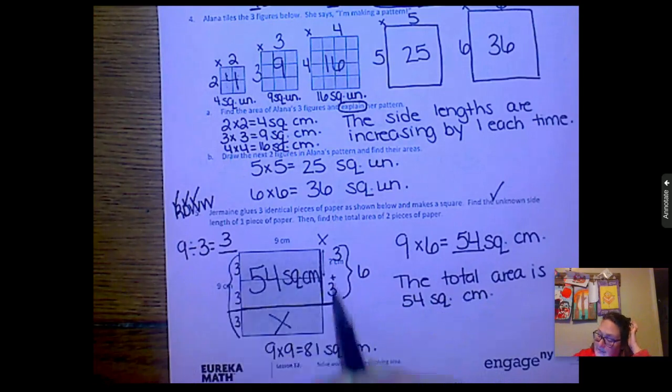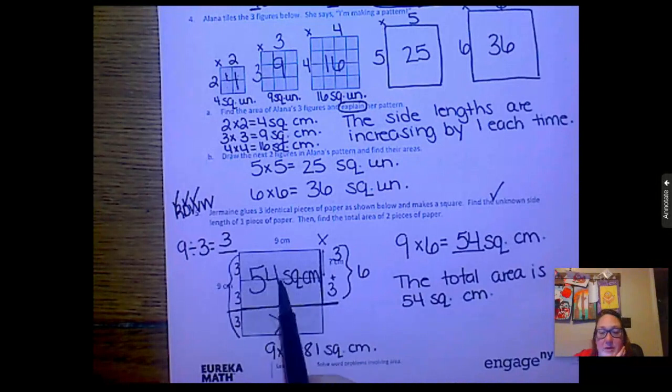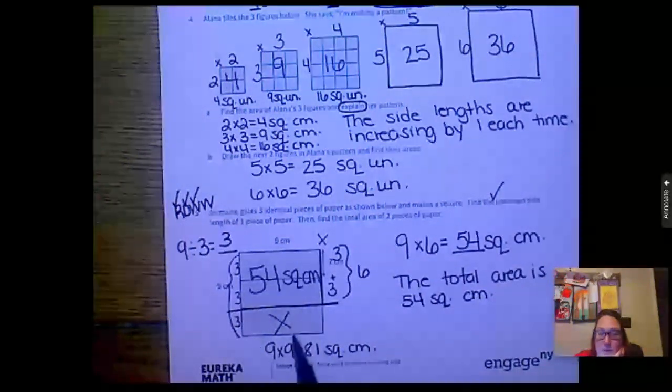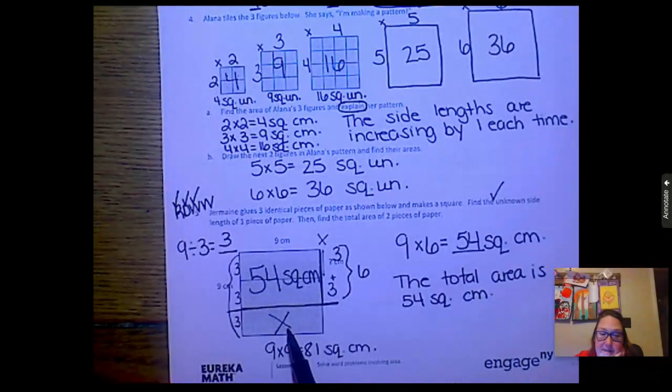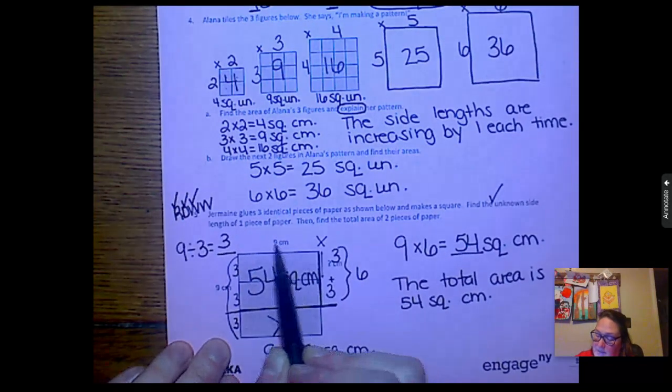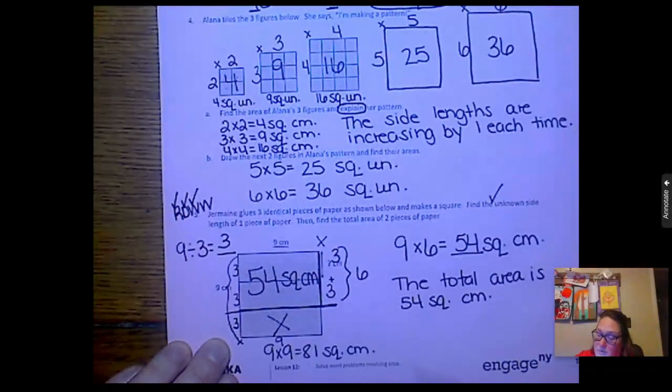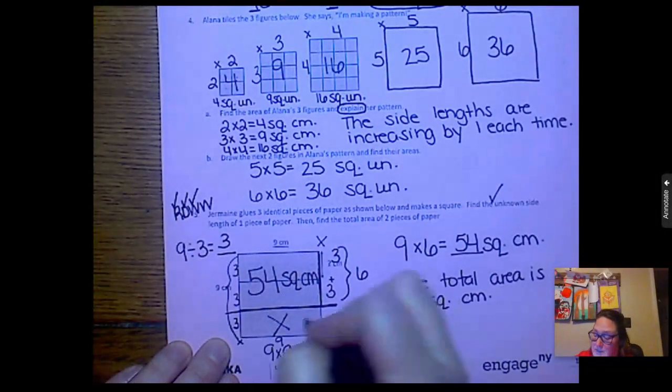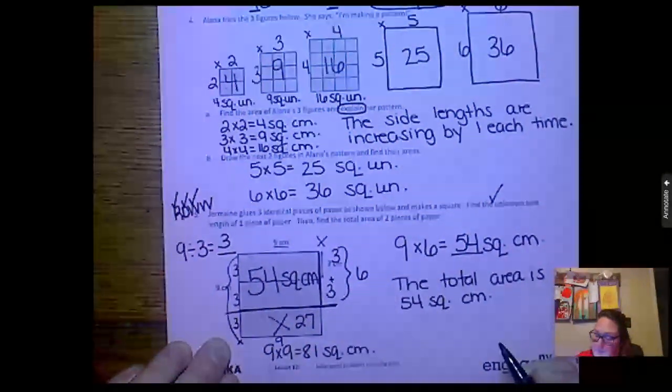So once we know that, we want to know what the area of the 2 pieces of paper is, which means I'm taking this one away, which I already put the X to it, right? So I knew that this one piece, if this was 9 up here, then this was 9 down there. So that would be 9 times 3, which is 27. So this one right here is 27.